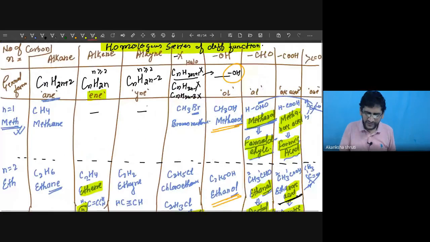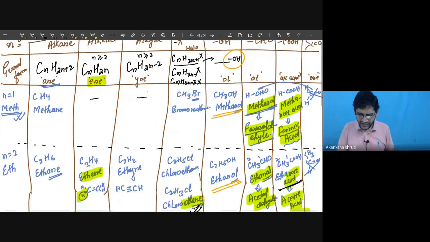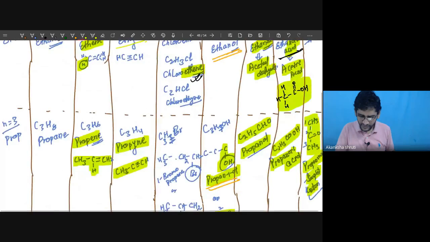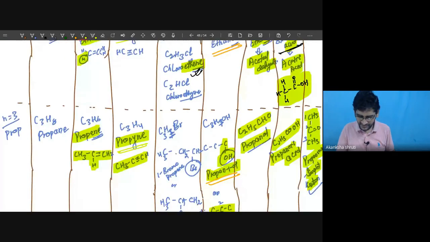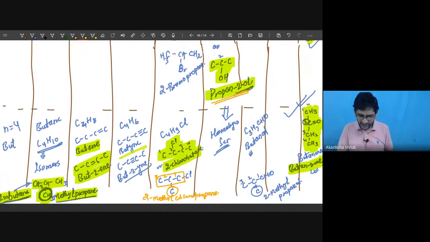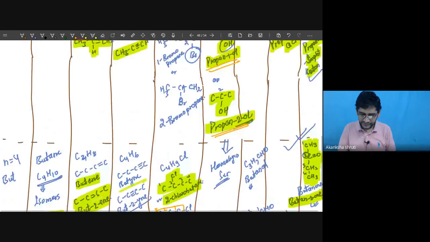Coming to the other one, say for alkyne, ethyne, propyne, and butyne. From butyne onward, isomers are possible.